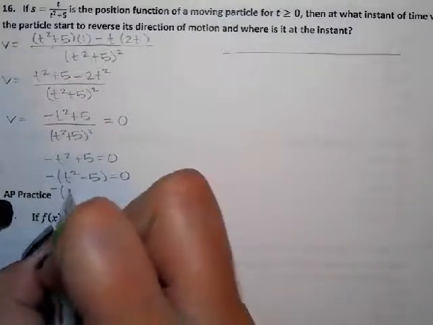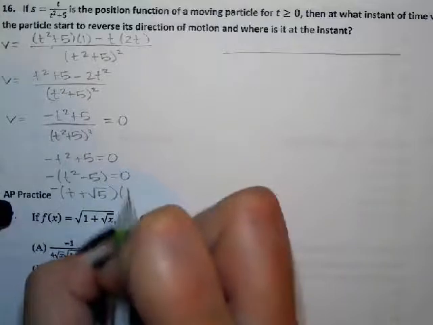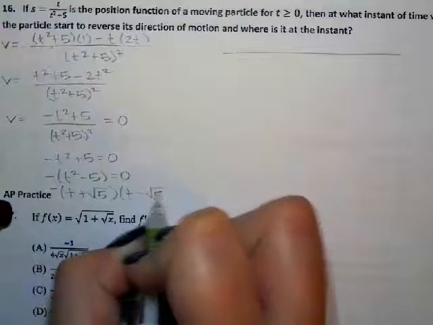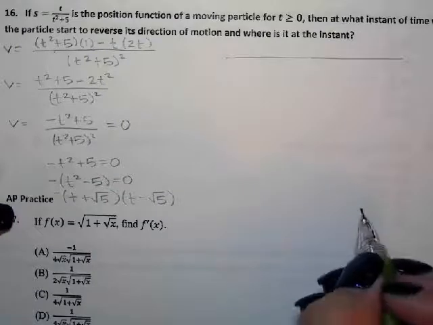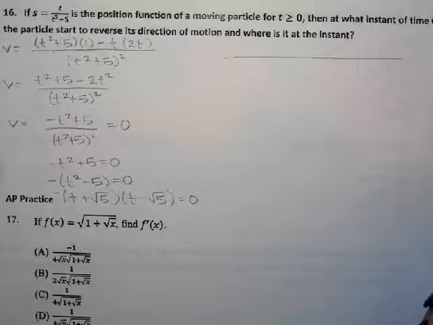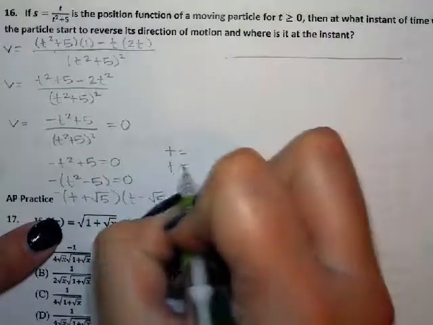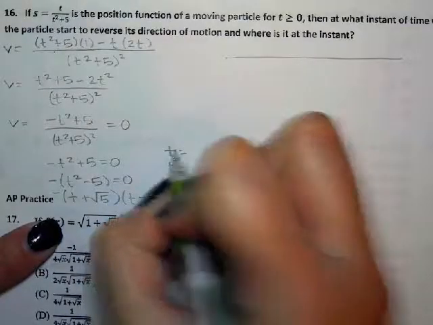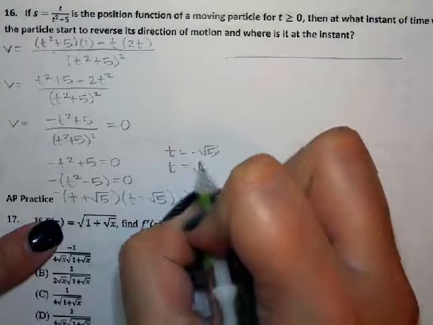So I would do t plus root 5 and t minus root 5 if it was me, because that's easy to plug numbers into. Okay. So our solutions are what? We got negative root 5, we got positive root 5.